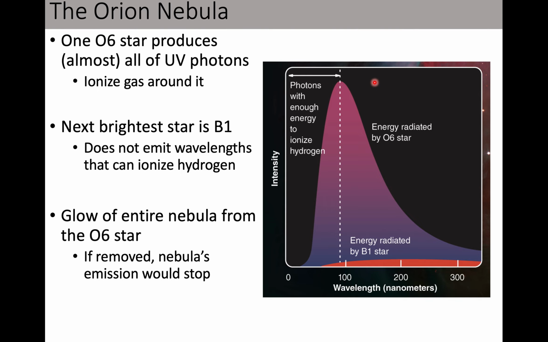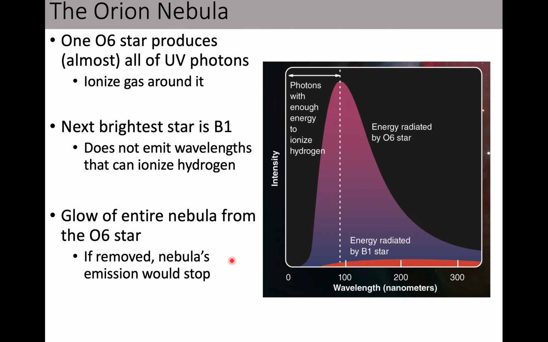So there's one O6 star within the Orion Nebula that produces all of the light for the nebula. So this very, very hot bright star ionizes all of the gases around it. So the next brightest star after this one bright star is a B1. So this is not warm enough. It is not emitting enough energy to ionize any hydrogen.